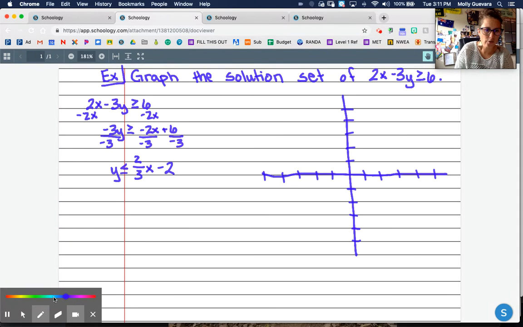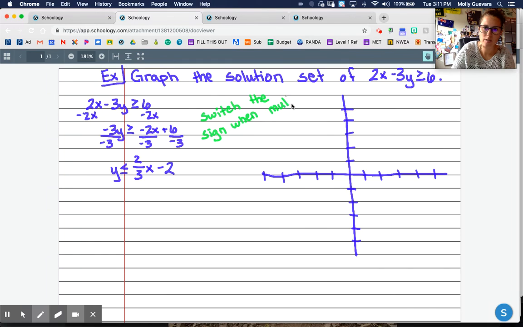So let's make a note of that because it's so important, right? So switch, ooh, that's a bright green. The sign flips when multiplying or dividing by a negative number.